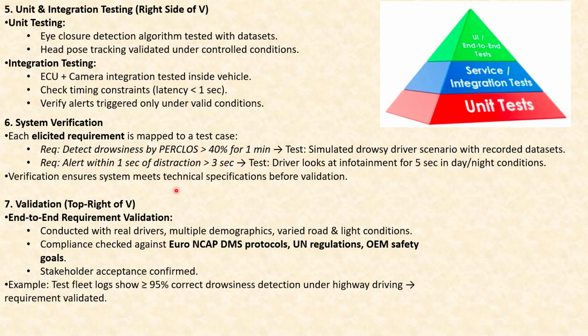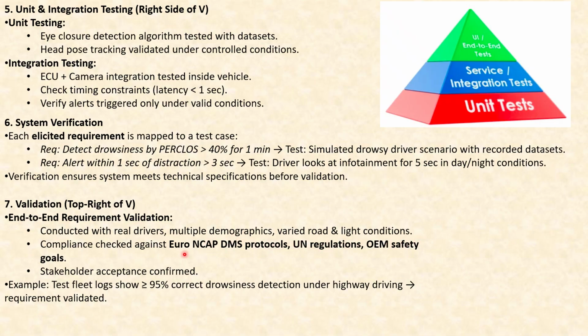Next, when it comes to alert within 1 second of distraction greater than 3 seconds, the driver looks at the infotainment for 5 seconds in day and night conditions, and verification ensures the system meets technical specifications before validation. Validation is at the right top of the V. End-to-end requirement validation is conducted with real drivers, multiple demographics, and varied road and light conditions.